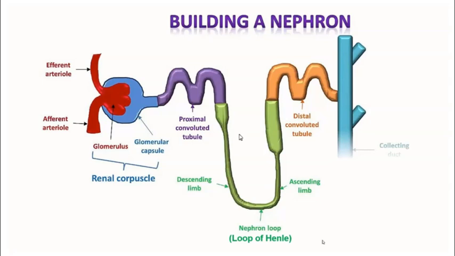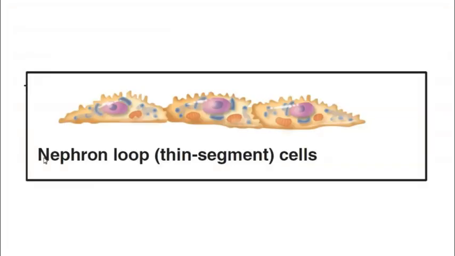The nephron loop has thick and thin segments because the thick and thin segments reflect the type of epithelium that is there. The thick segments have a cuboidal or a columnar shaped epithelium, so these are really tall epithelial cells. The thin segments have a flatter squamous epithelium, so those are those flattened epithelial cell types that we've discussed before.